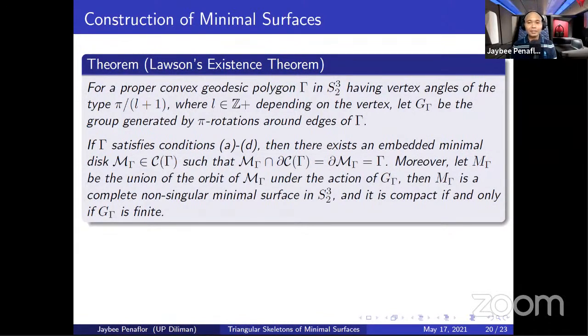Moreover, let M sub gamma be the union of the orbits of mathcal M sub gamma under the action of G sub gamma. Then M sub gamma is a complete non-singular minimal surface in S^3_2, and it is compact if and only if G of gamma is finite. So actually, we already have the elements needed for this particular theorem.